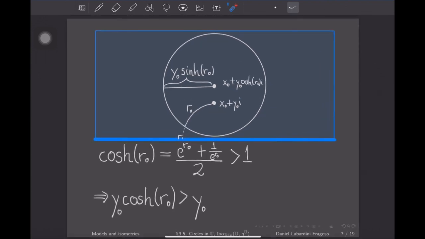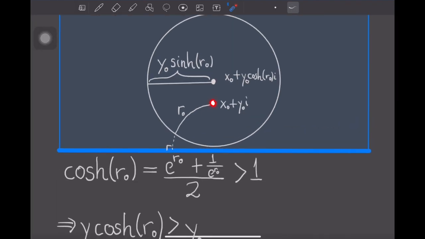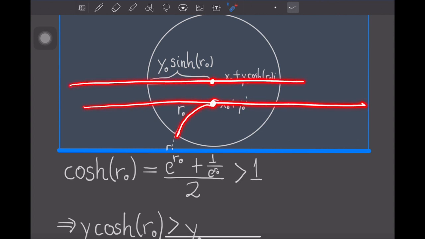Okay, and so here there's something funny. Because of how I constructed this circle, you can see that the tangent line to this circle at this point is actually horizontal. And now here you have another horizontal line. Something funny that happens is that if from the Euclidean center you throw a horizontal line, Euclideanly it remains horizontal.